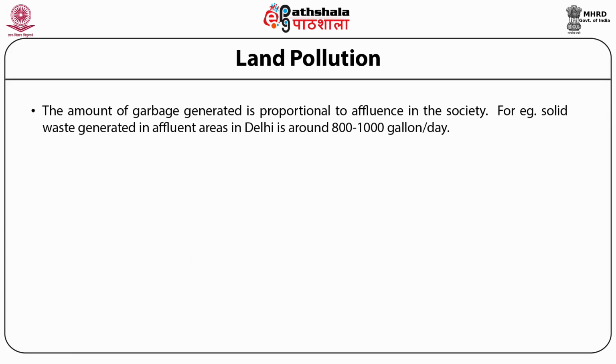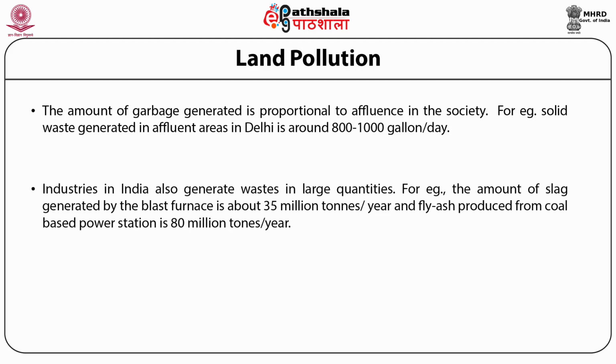The amount of garbage generated is proportional to affluence in the society. For example, solid waste generated in affluent areas in Delhi is around 800 to 1000 gallons per day. Industries in India also generate wastes in large quantities.